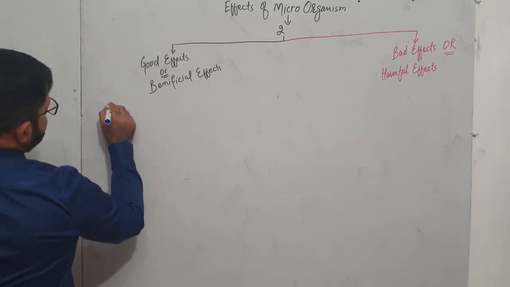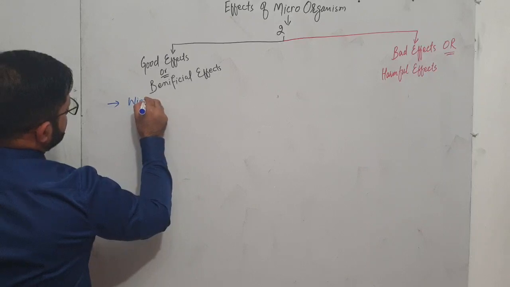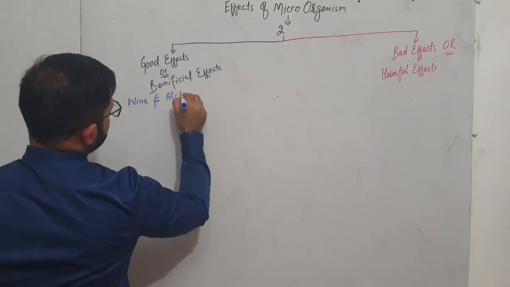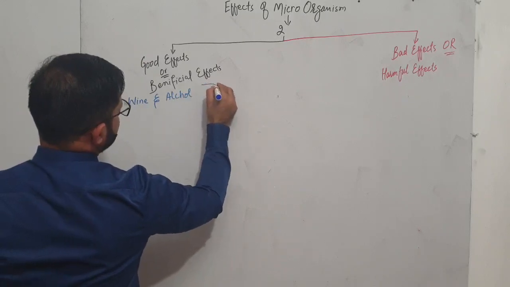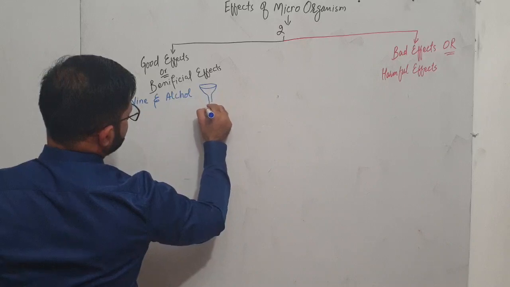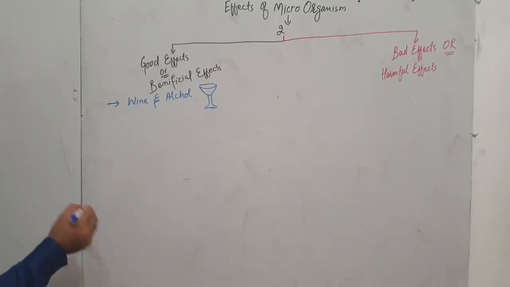They help in the formation of wine and alcohol. They help in the formation of wine as well as alcohol. Clear?